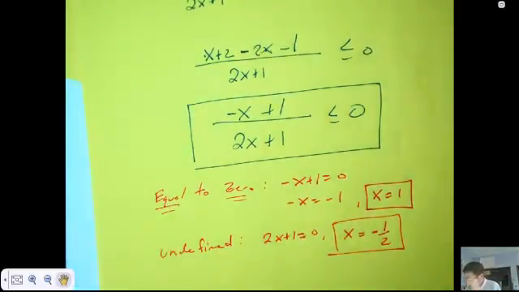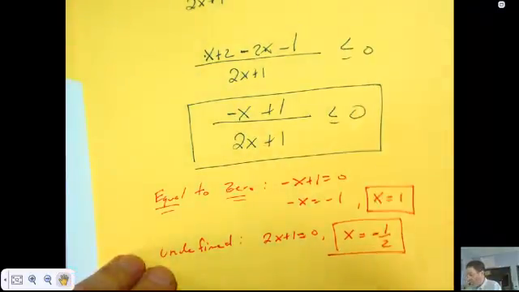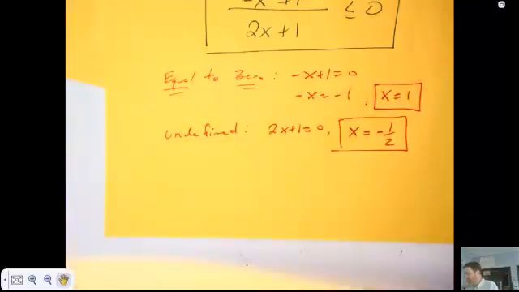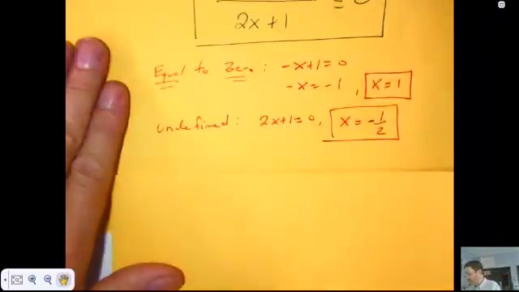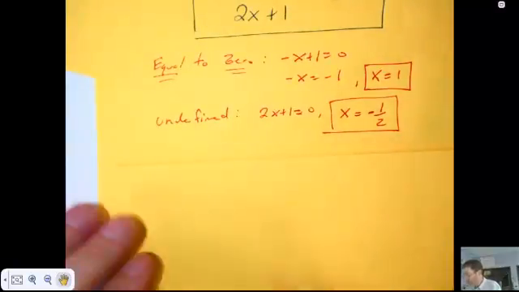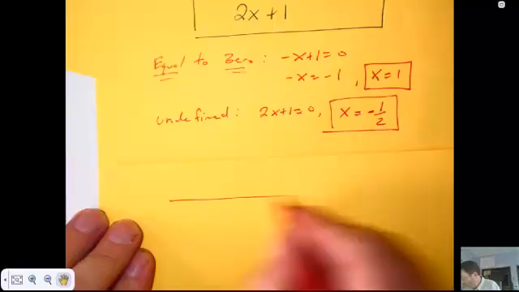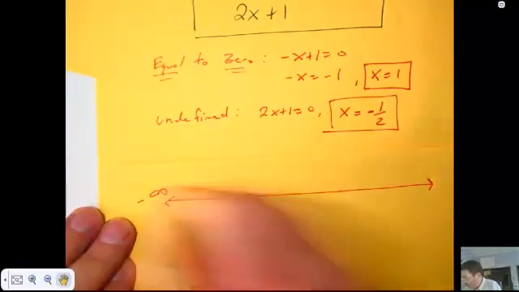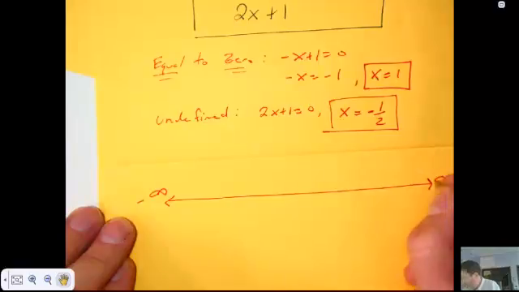Okay, so what we do next is we basically put these things on a number line. So we know that because we have a range of solutions, if I think of a number line that stretches from negative infinity to infinity, these are all the possible x values we could have.